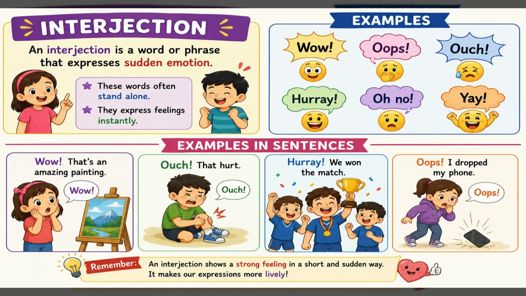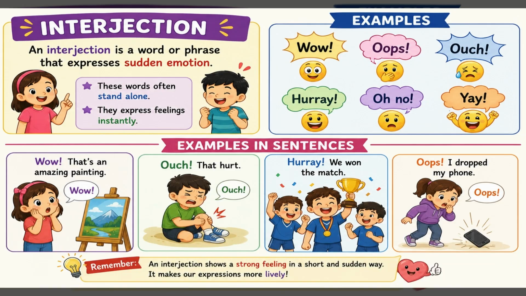Now, let's meet perhaps the most expressive member of our parts of speech family, the interjection. The word interjection may sound a little unfamiliar, but the idea is actually very easy. An interjection is a word or short phrase that expresses a sudden feeling or emotion.